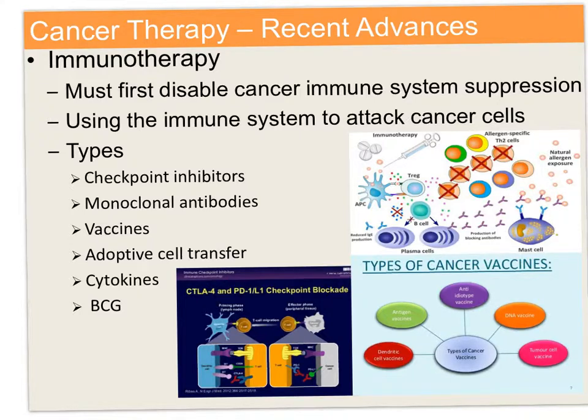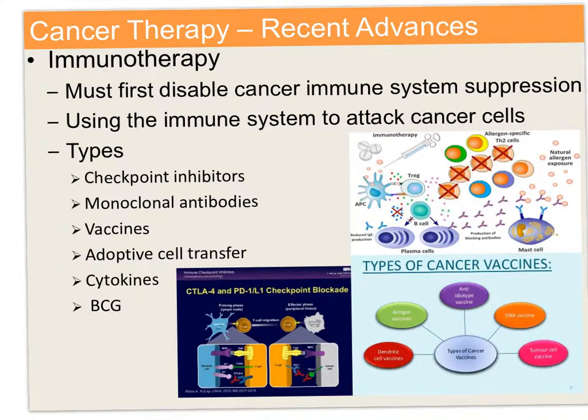So some cancers, like melanoma, it was found that checkpoint inhibitor drugs actually do a very good job, and there was a large extension of survival time. So initially, from the time that, let's say, melanoma was detected as stage 4, usually within the first year, the patient was dead.